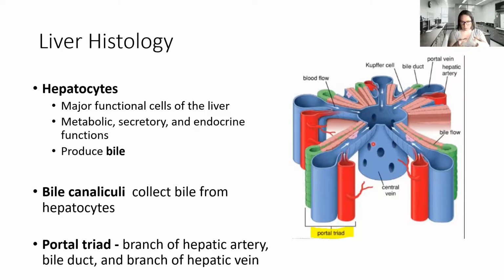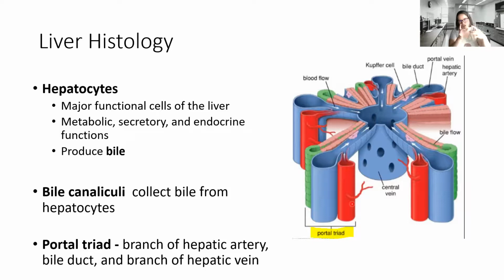So inside the liver, we have what are called portal triads, which are small little branches of a bile duct, the hepatic portal vein, and the hepatic artery. They're just like the little tiny continuous branches of them, on a microscopic scale. As they get bigger and bigger, they're obviously going to flow into those particular vessels.